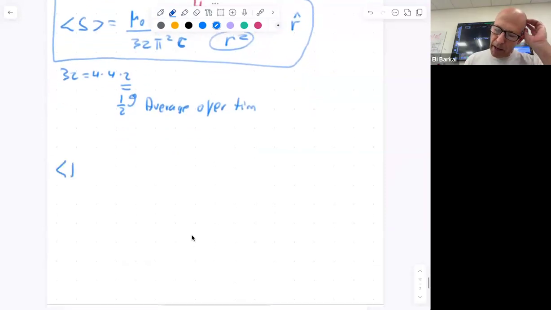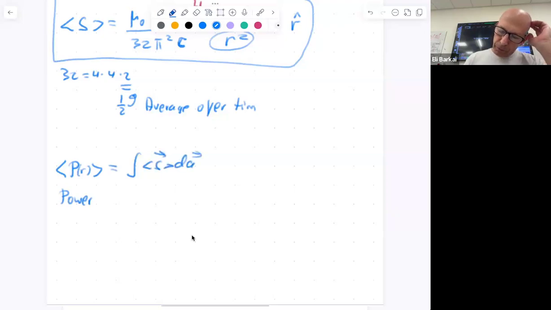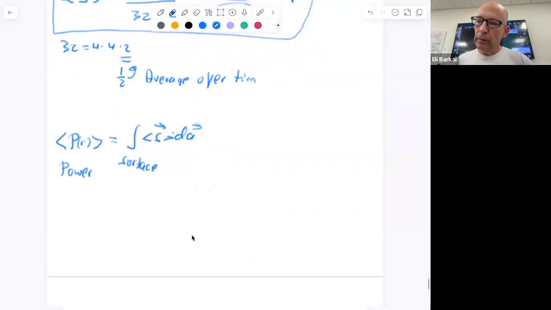This is equal to the P of R. Again, this is the power. This is S dA with the dot over the surface. The surface is, again, a theoretical construction.